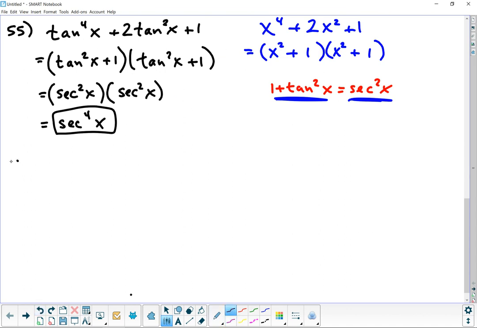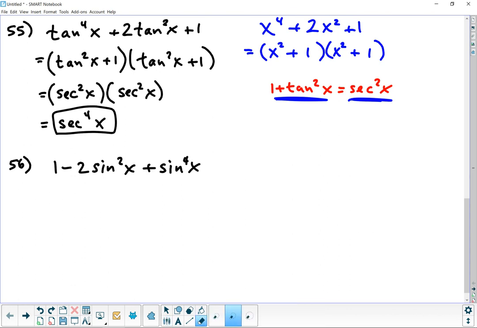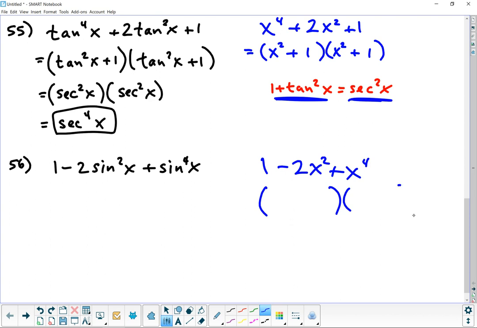56. Got 1 minus 2 sine square x plus sine fourth x. Okay, and we can say that this is similar to 1 minus 2x squared plus x to the fourth, which is going to factor down to 1 and 1, because that's what makes 1.